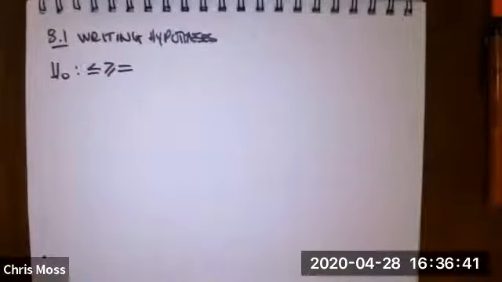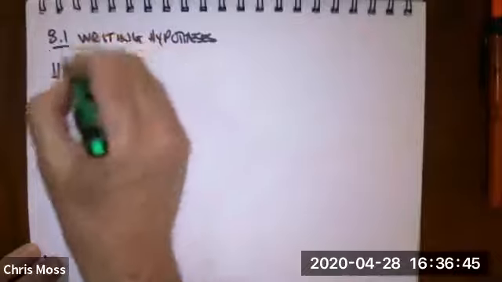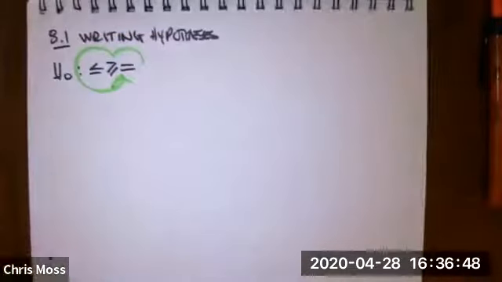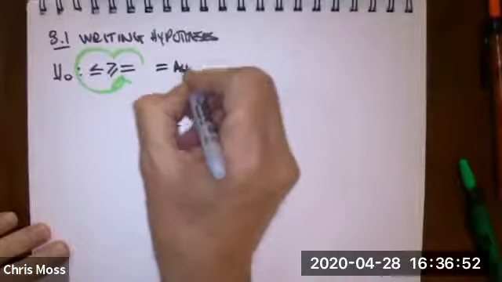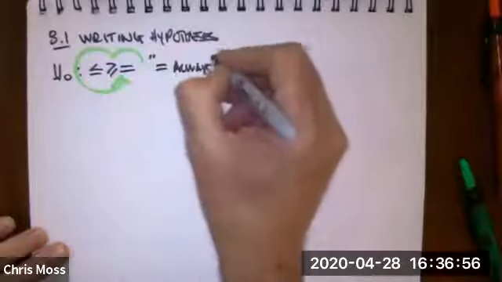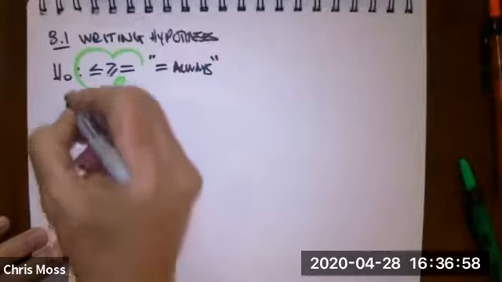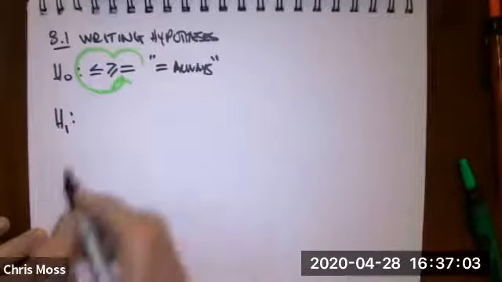And I'm going to point something out. Regardless of the way the statement is written, we're always going to write the null hypothesis with an equals, regardless of the direct translation. So always there. And then we have the alternative hypothesis, H sub 1.